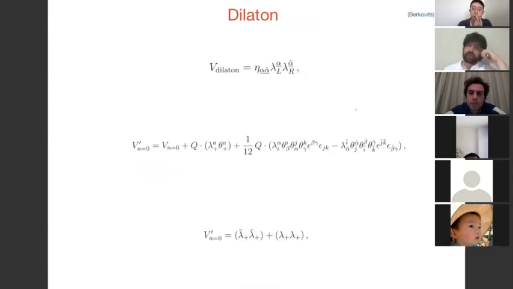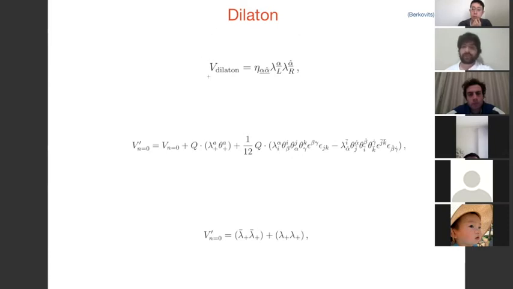So, one comment is the dilaton. One test of the vertex is what happens when n equals 0. This vertex is well known. It was constructed by Berkovits, the dilaton vertex operator. This dilaton vertex operator in integrated form is basically the Lagrangian of the pure spinor action that I showed in the beginning.